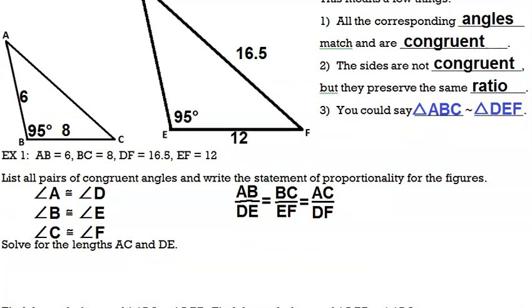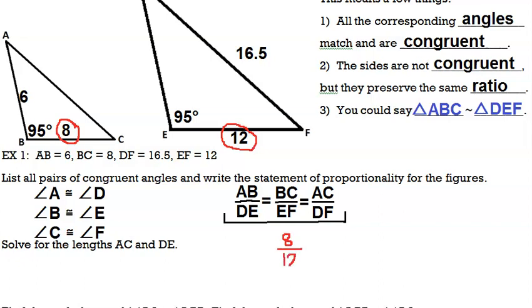Okay, so in order to get this right, you have to find one of these fractions that you know both the numerator and the denominator of. Now, if I'm looking here, what I find is that I know the bottom side for both. Okay, I know that BC is 8, and I know that EF is 12.